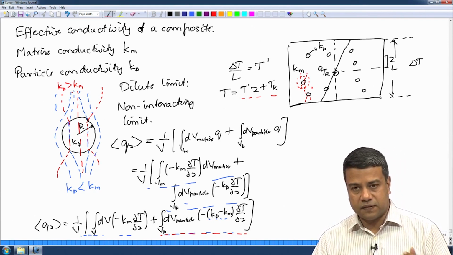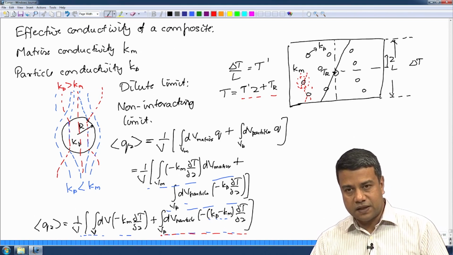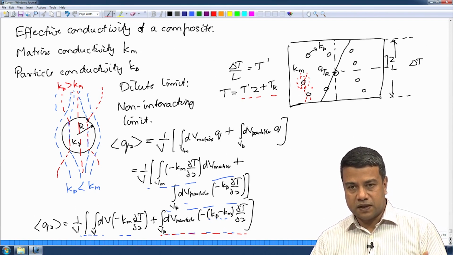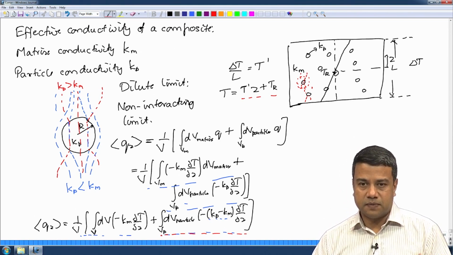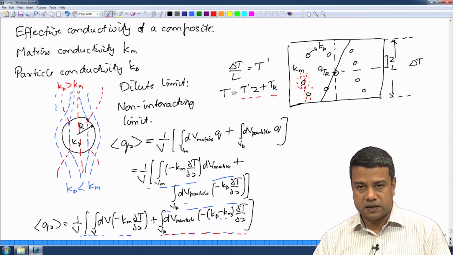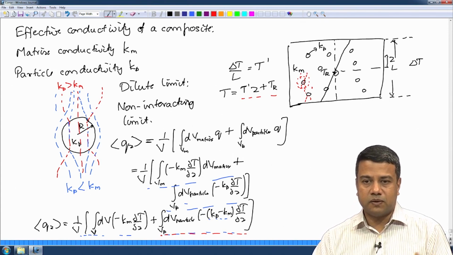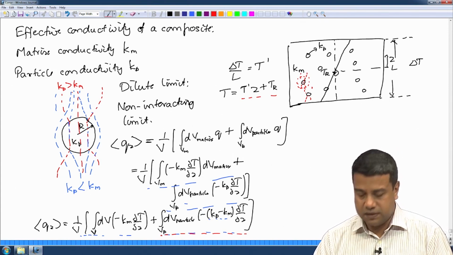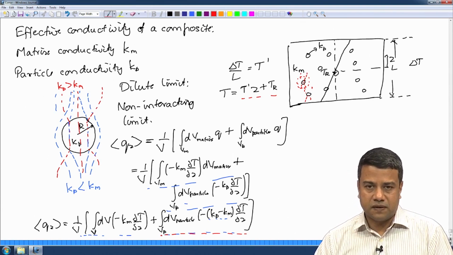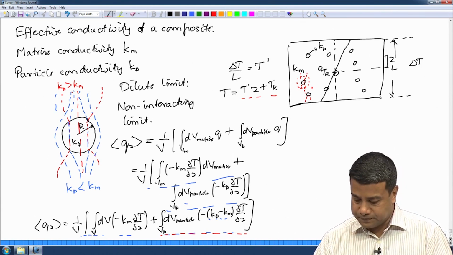The first term is an integral over the entire volume of the matrix conductivity times the temperature gradient. That includes the volume of the particles plus the volume of the matrix. The second term is an integral over the particles alone, written with the difference in conductivity between the particles and the matrix. So, there is an alternate way of writing the exact same relation.